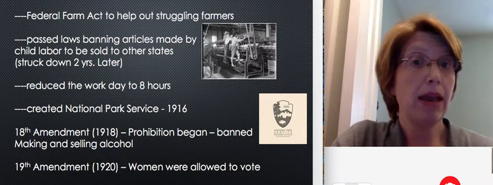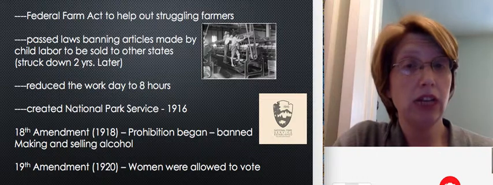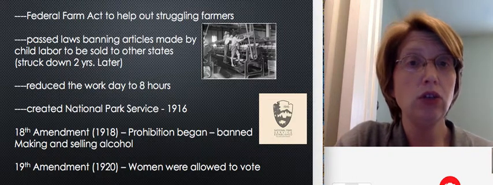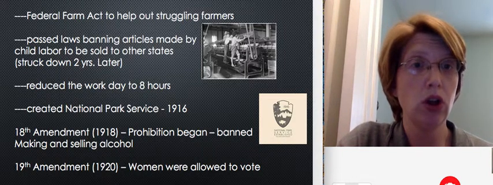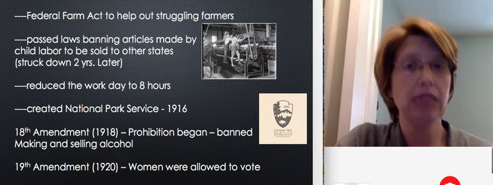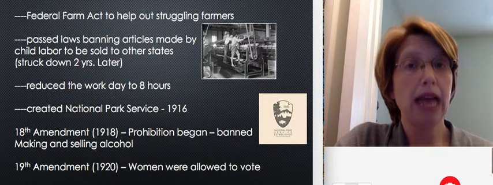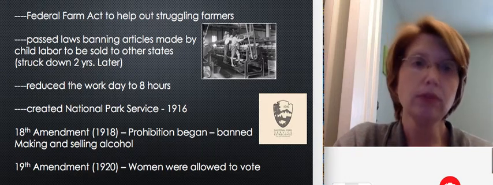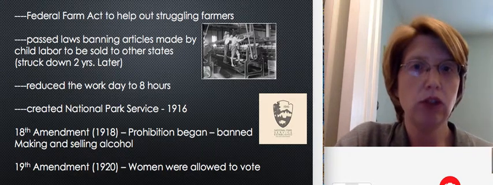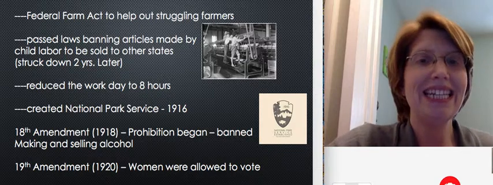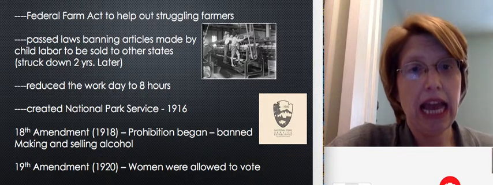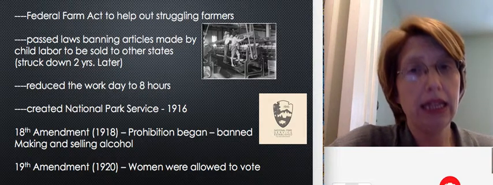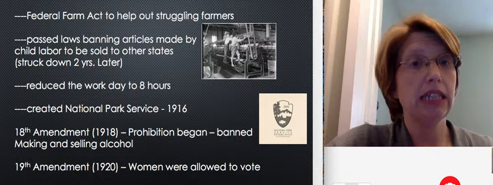Here's the thing, and maybe I wasn't clear because I didn't understand it. I told you way back in, I think it was Arthur's presidency in the 1880s, that they were passing some laws for child labor. Yes, they did, and they were trying to make it better, but they did not end it. By 1911, there were still about 2 million children working in very unsafe factories.